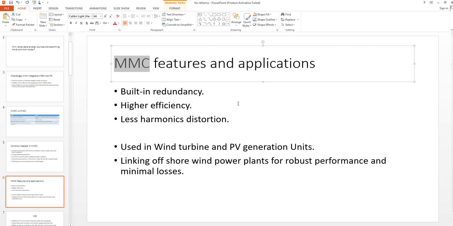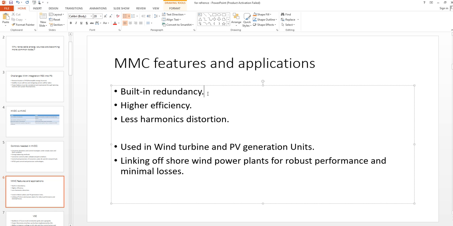The Modular Multilevel Converter is nowadays the most efficient and the most reliable converter used in high voltage DC transmission lines. It has some attractive features such as built-in redundancy, higher efficiency, and lesser harmonic distortion, meaning high quality of power.